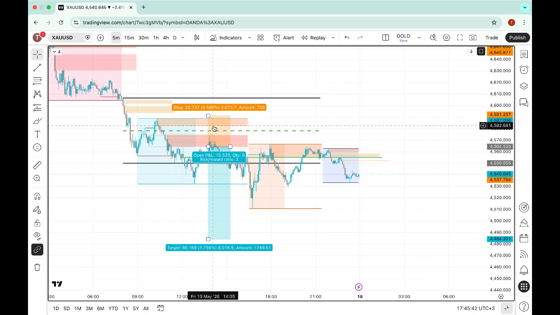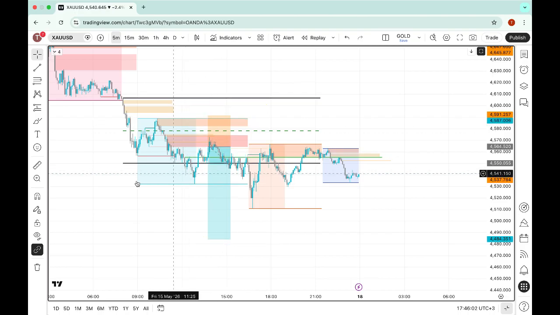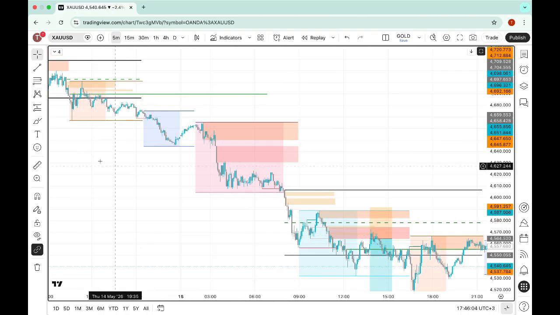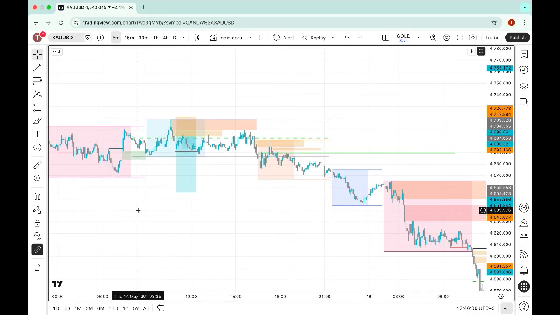So when we put it together, what you should be looking when you come to the chart is to identify first. You identify the liquidity zones, wait for price to sweep, then look for a shift or a structure shift, then look for your fair value gap or the order block, and then enter on the retracement.